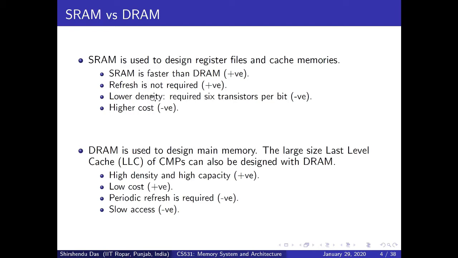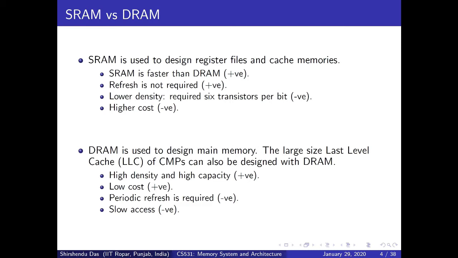Here you can see there are some advantages and some disadvantages, and the same thing we can see for DRAM technology also. In DRAM technology, the advantages are high density and high capacity, so we can design larger size memory, and again it's low manufacturing cost. If we combine these two advantages, we can design a larger size memory and put it in a small chip area without increasing the manufacturing cost.